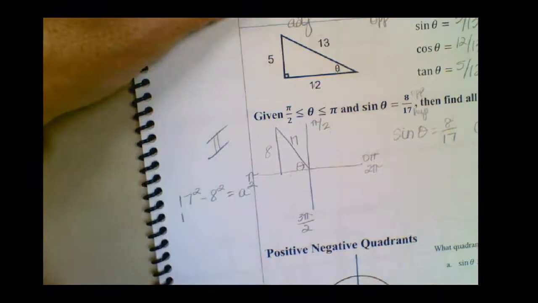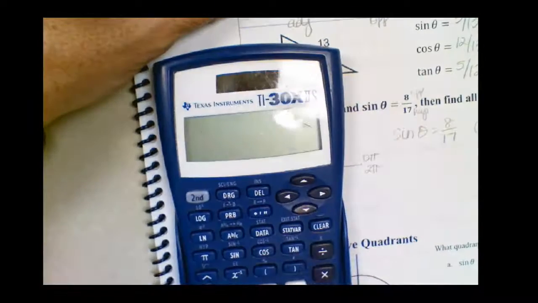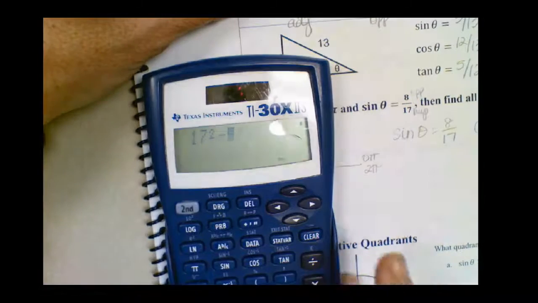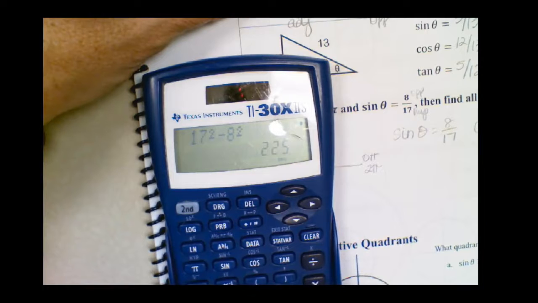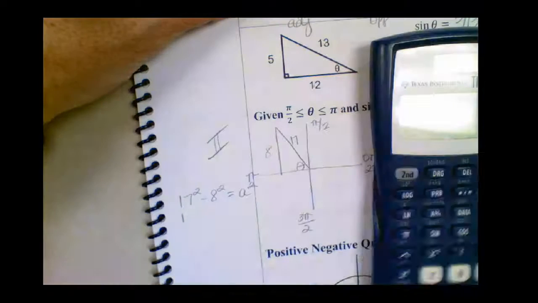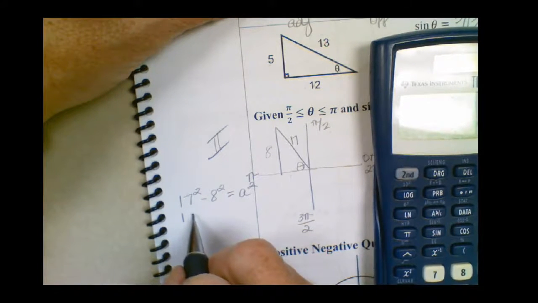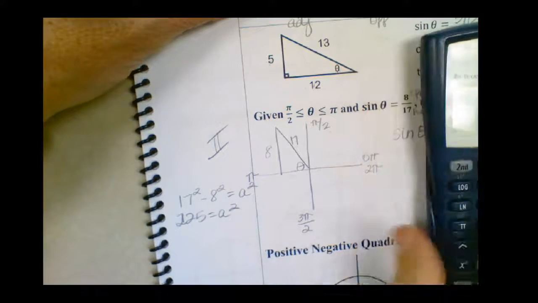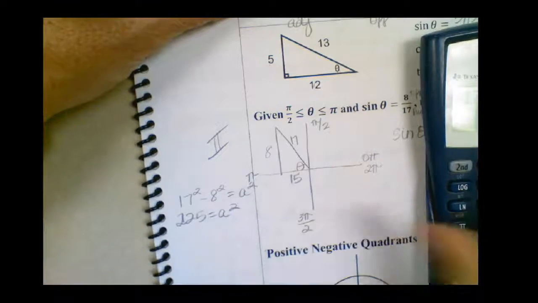Just do that real quickly on the calculator. So 17 squared minus 8 squared equals 225, and the square root of 225 is 15. Oh, that was one of our triples, wasn't it? So 225 equals a squared, so that value is 15.